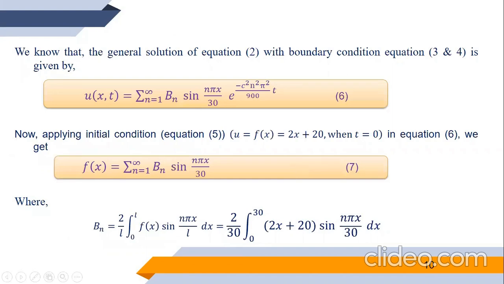Now we know that the general solution of equation 2 with boundary conditions 3 and 4 is given by u(x,t) is equal to summation n is 1 to infinity b_n sine n pi x by L, but L we consider 30, e raised to minus c square n square pi square by L square, L square is 900, into t.